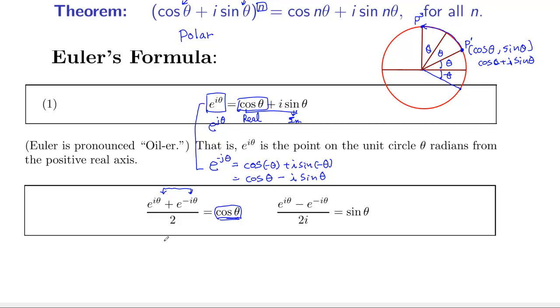We can simply use a different notation: instead of this, we can use W1, and this one is W to the minus 1, the conjugate of W. So the real part is W1 plus W negative 1 over 2, and the imaginary part is W1 minus W negative 1, divided by 2i. This is Euler's formula.